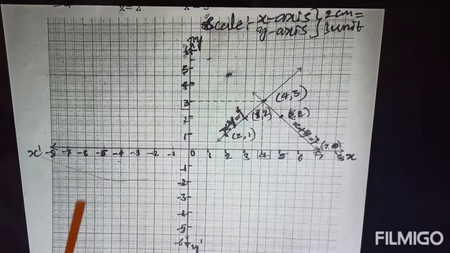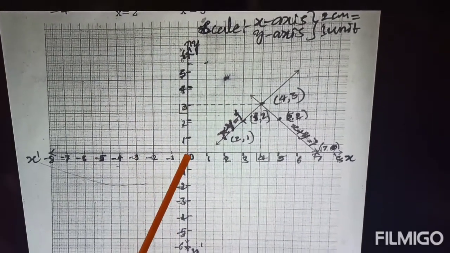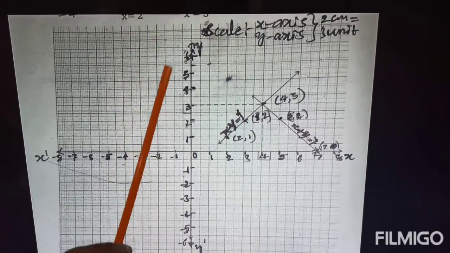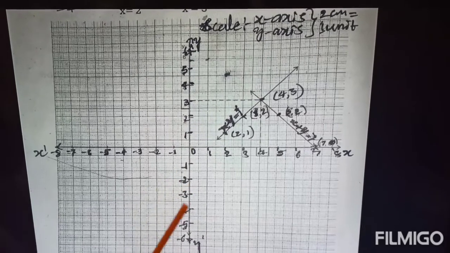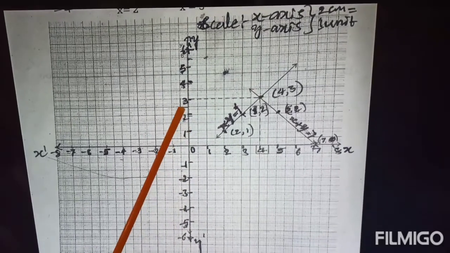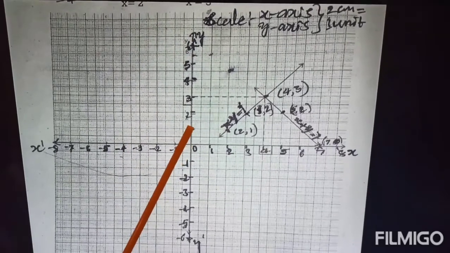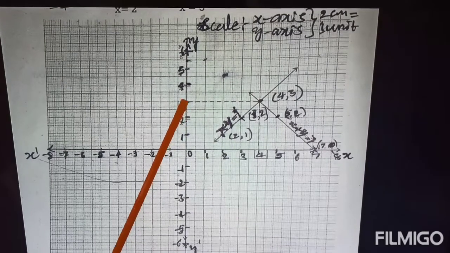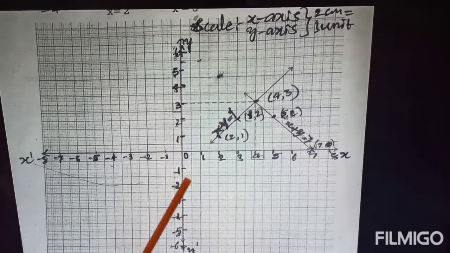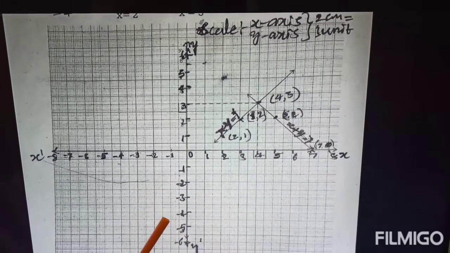On the y-axis, the vertical line is called the y-axis. From 0 upward are positive numbers, 0 downwards are negative numbers: 1, 2, 3, 4, 5, 6 like that. For 2 centimeters, 1 unit; again 2 centimeters, 1 unit, like that. You can take it according to your convenience.